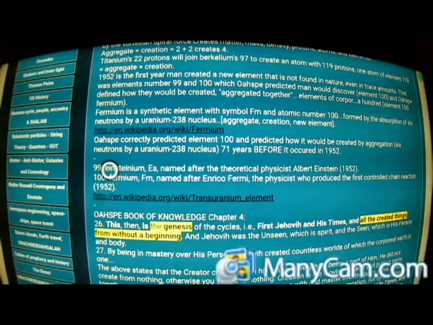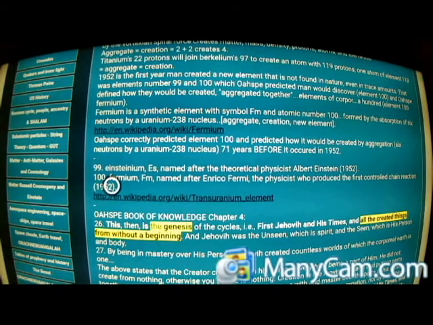And element 99 was Einsteinium, ES, named after the theoretical physicist Albert Einstein in 1952. Element 100, fermium, FM, named after Enrico Fermi, the physicist who produced the first controlled chain reaction in 1952. Or at least the element was discovered.